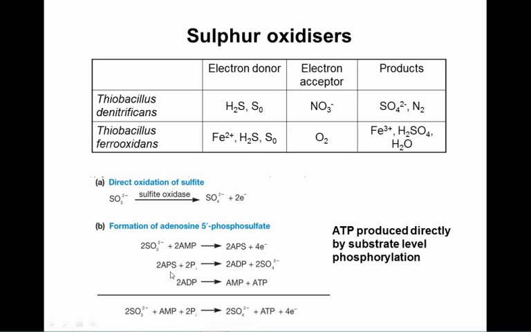And then this can be combined with 2 molecules of inorganic phosphate, and you get 2 molecules of ADP. You kick out the sulfate. So you have a kind of direct coupling between the redox reaction and phosphorylation. So they have a simple way to get ATP.